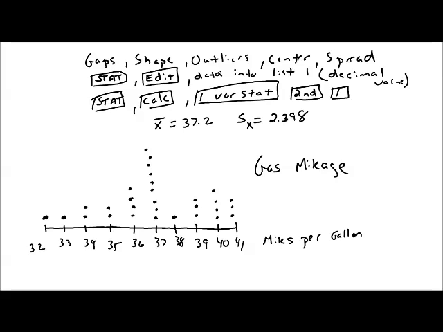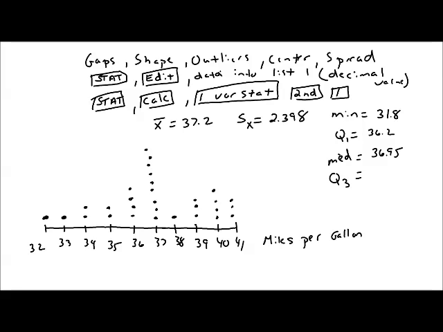Your 5-number summary is your min. Okay, I'm just running out of room here. Your min is 31.8. Your Q1, first quartile, 25th percentile, is 36.2. 36.95 is median.